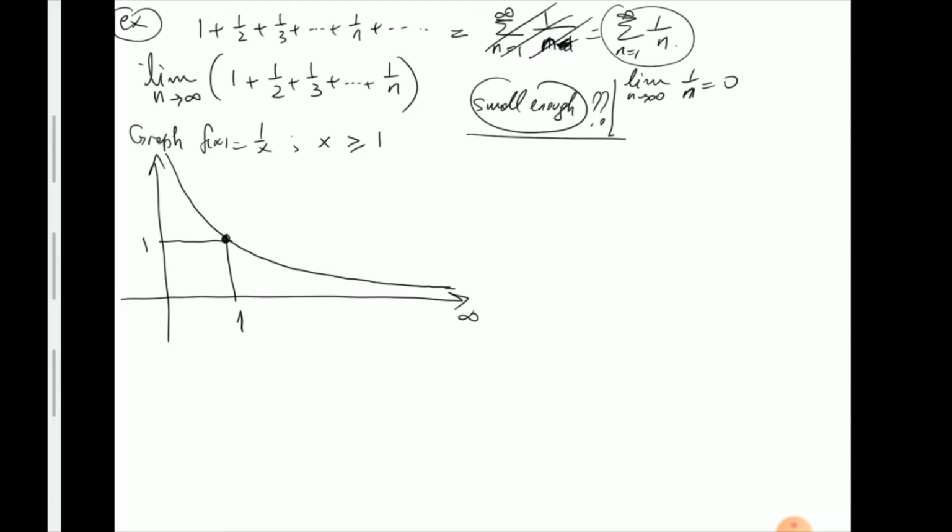I'm going to do a partition of length 1, so this is 2, then followed by 3, 4, 5, and so on. And I'm going to approximate the integral by overlapping rectangles, with the left endpoint of each interval in the partition as the intermediate point.